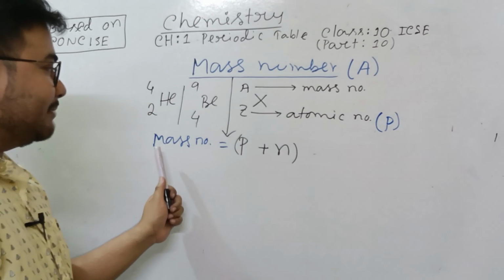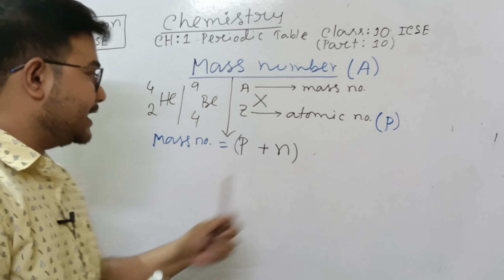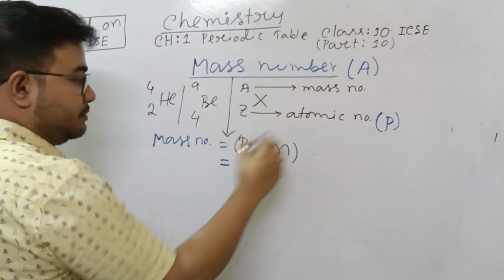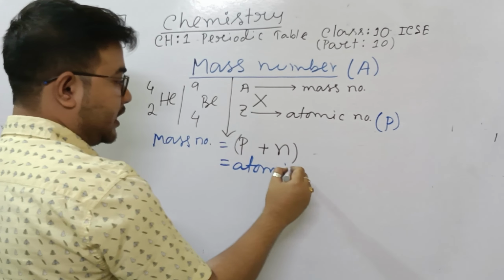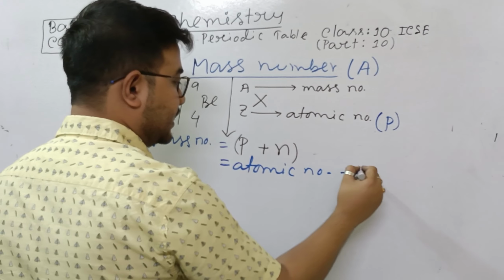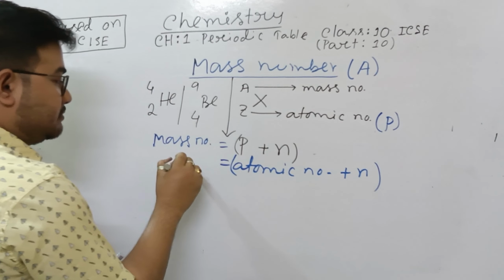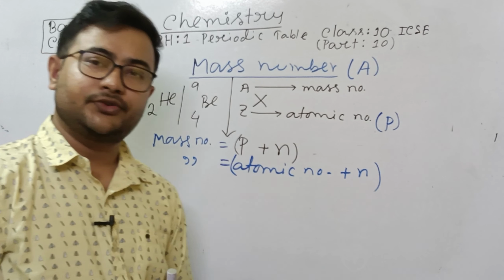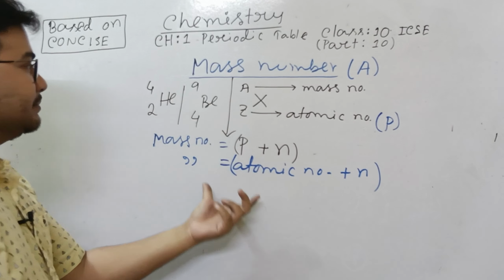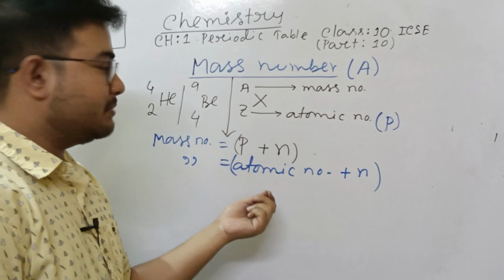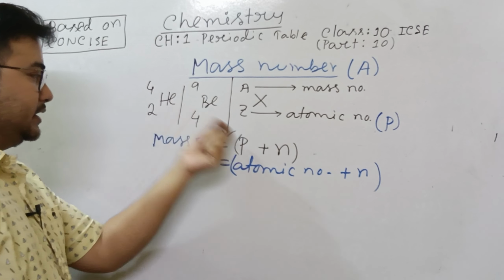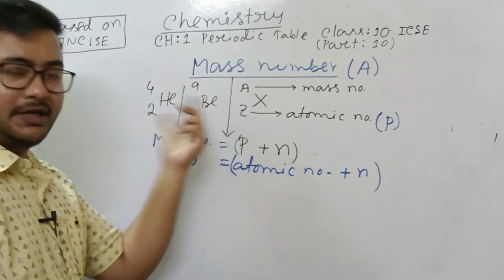So mass number means atomic number plus number of neutrons, because protons mean atomic number. Do you all understand? You can also give an example after defining it. What is the definition of mass number? After defining it, give an example, helium or beryllium, anyone.